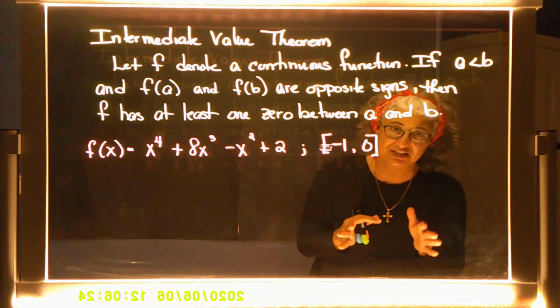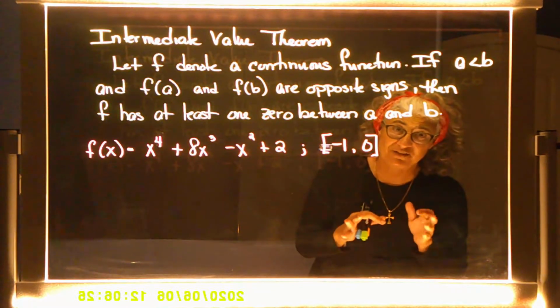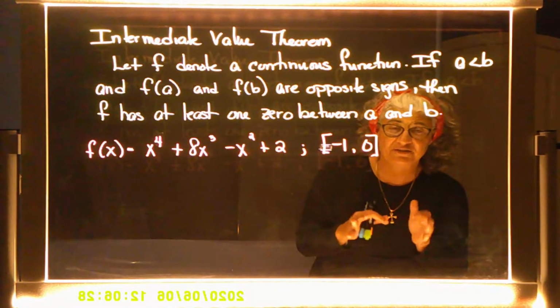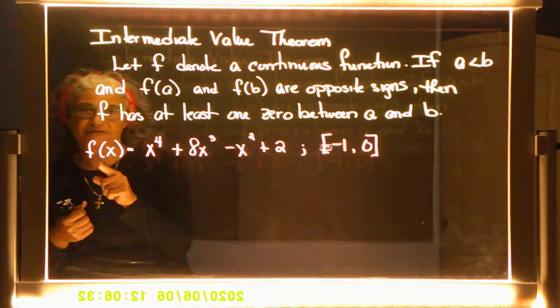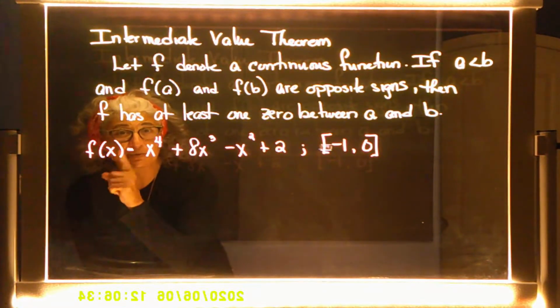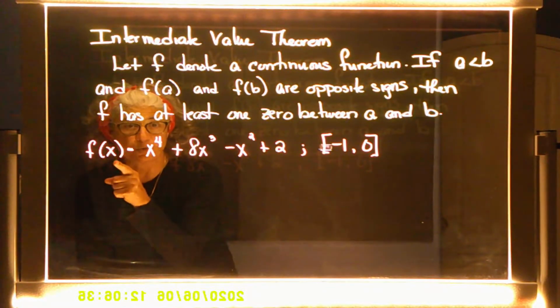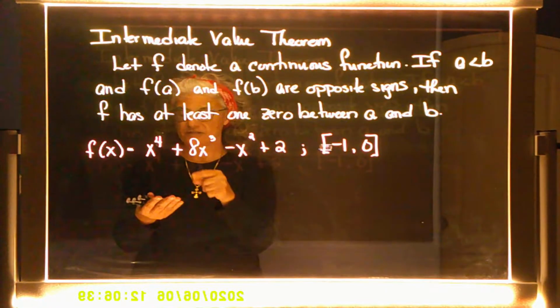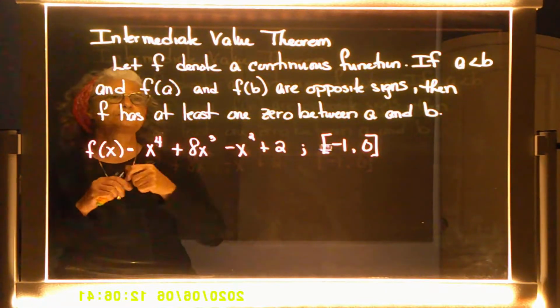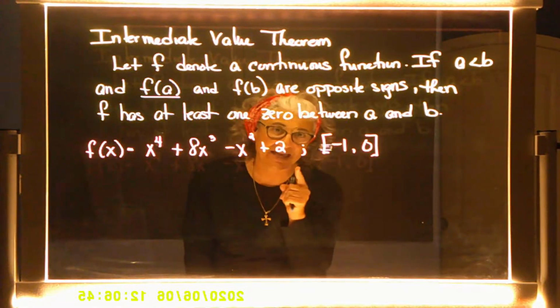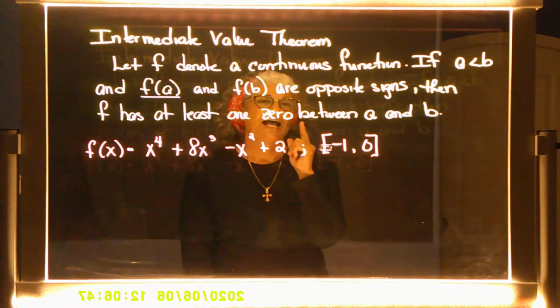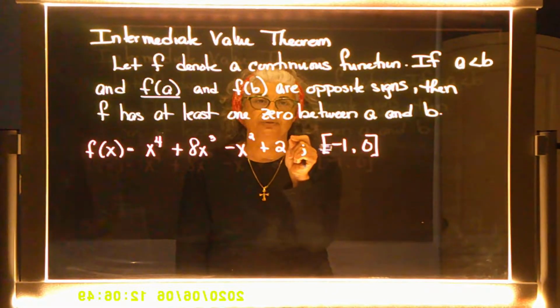So here's what I need you to understand, though. I need you to understand what f of a and f of b actually represent. So we know what f of x means, right? F of x replaced the y. So f of x is y, isn't it? So here's the deal then. When they say f of a, that is a y value.